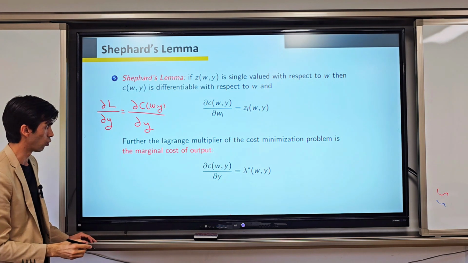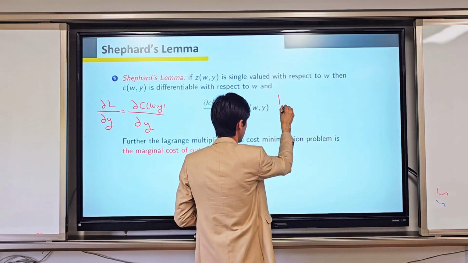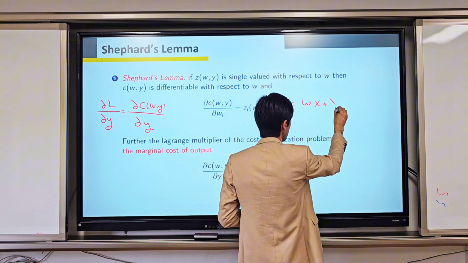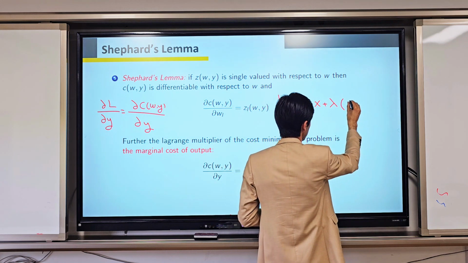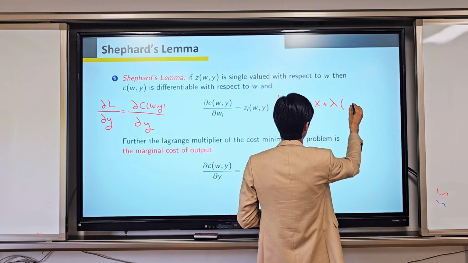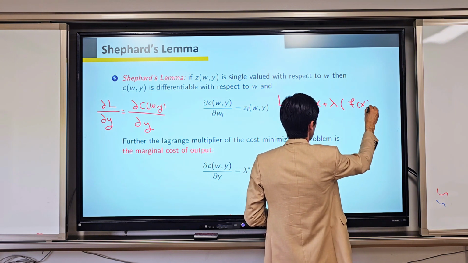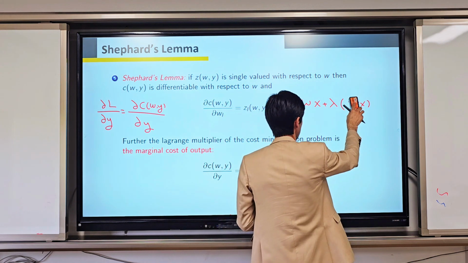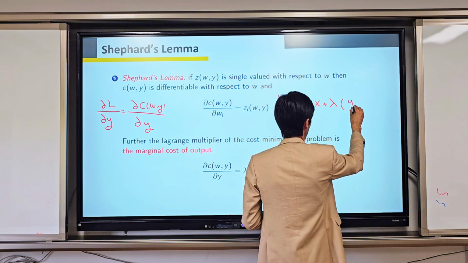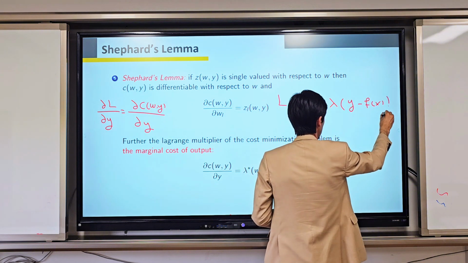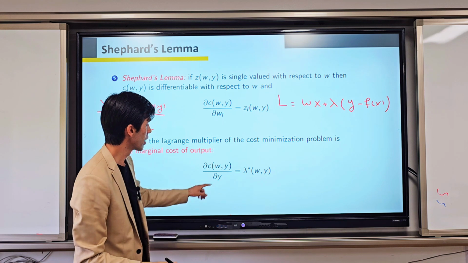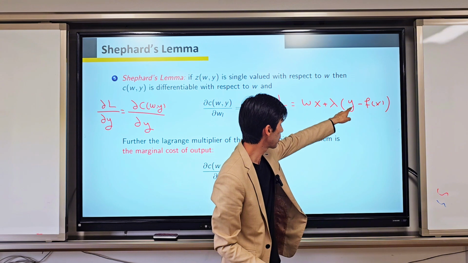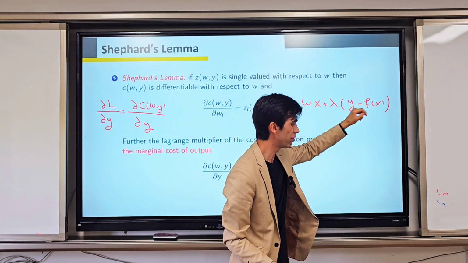And we have the Lagrangian like this: the Lagrangian is equal to wx plus lambda multiplied by y minus f of x. This is our Lagrangian function.